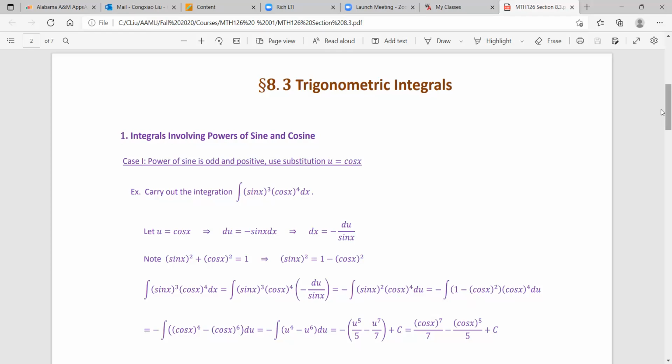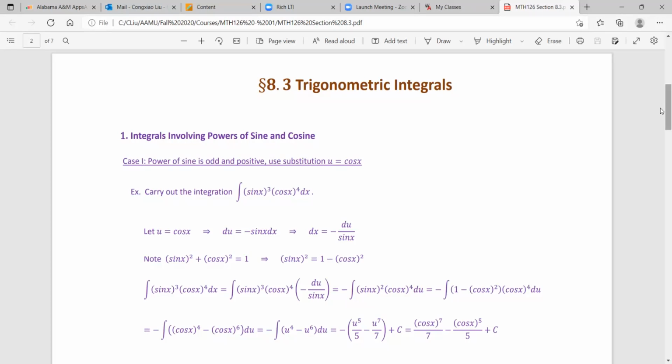You can cancel one sine x inside the integrand and pull out the negative sign. That becomes negative integral of sine x squared cosine x to the fourth. Then replace sine x squared with 1 minus cosine x squared, so we get 1 minus cosine x squared times cosine x to the fourth. Then distribute cosine x to the fourth, and we get cosine x to the fourth minus cosine x to the sixth inside the integral.